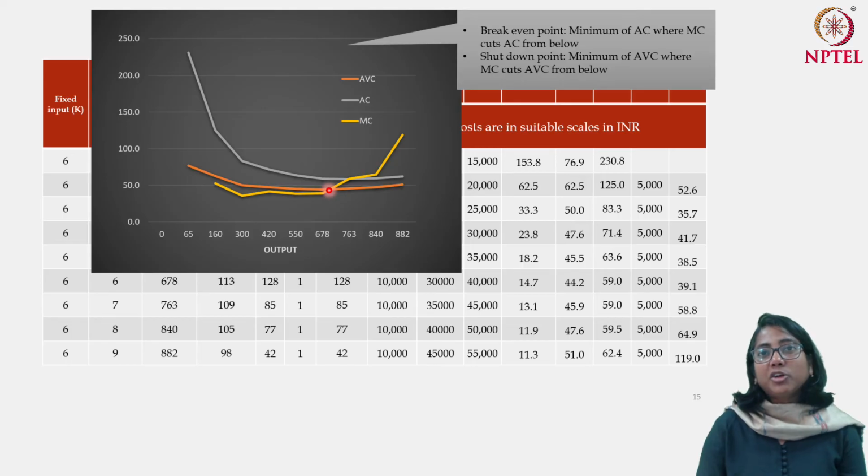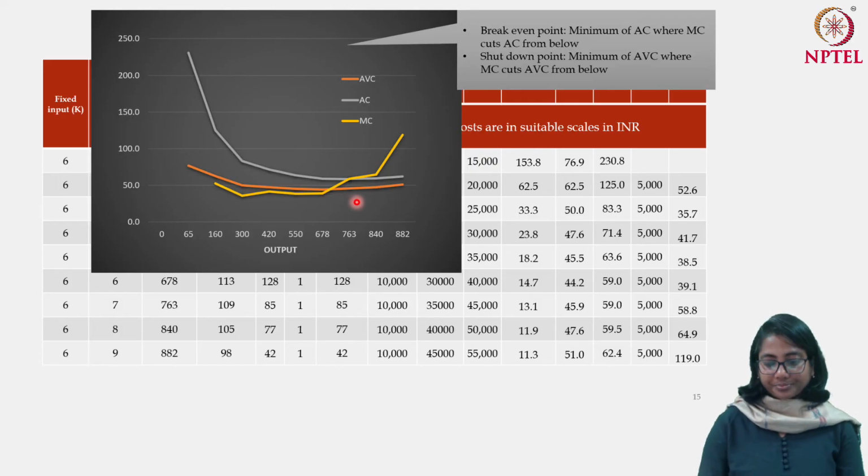You can delay the interest payment on capital a bit, but you cannot have a delay with regard to the payment for the fuel. So this is called the shutdown point, because if your point of operation is below the minimum point of average variable cost, then that is not feasible and you have to shut it down.